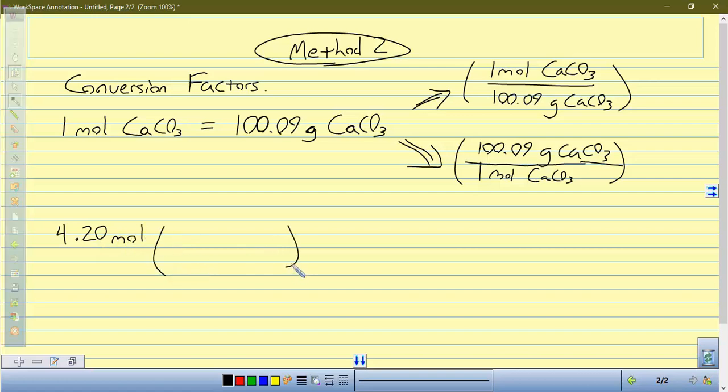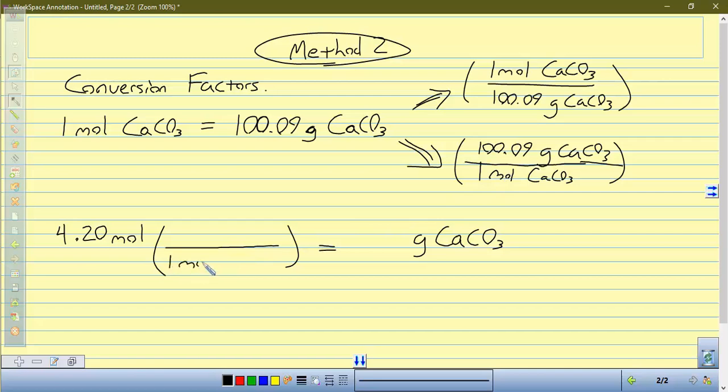There's going to be a conversion factor right here. And then we want that to equal how many grams of calcium carbonate. Okay. We want to choose the conversion factor that's going to get rid of the moles. So since I have moles on top in the beginning, I need to choose this conversion factor right here because that's the one with moles on the bottom.